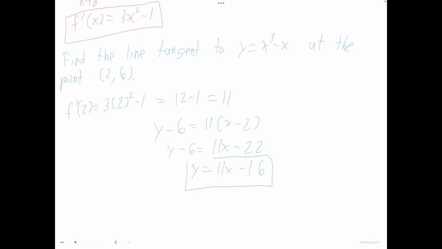And so this then is our tangent line to the curve at the point (2, 6). And so by finding this derivative formula, we were able to find the tangent line very quickly. And we could do this for any point on the curve y equals x cubed minus x, rather than just having to do it point by point. We now have a formula for the slope.